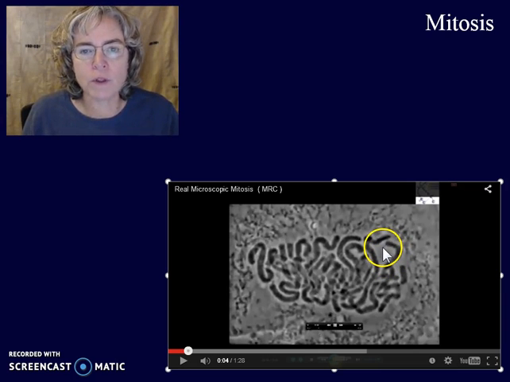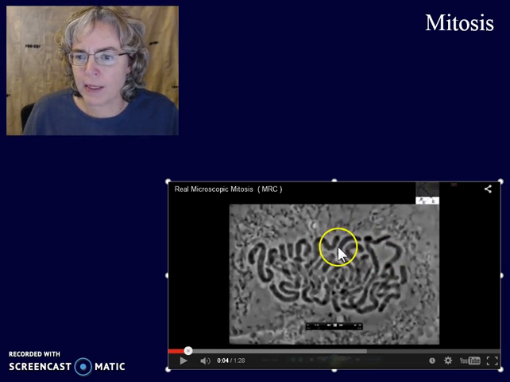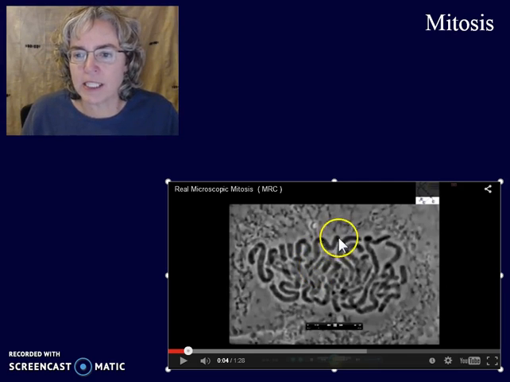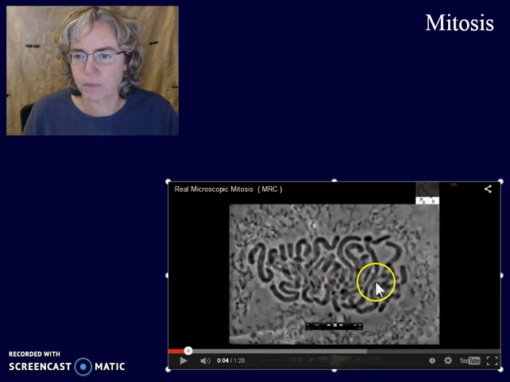So they're all folded up into chromosome form. And it's easy to see prophase because you can see the individual chromosomes under a light microscope, but you can also start to see some white between the chromosomes.